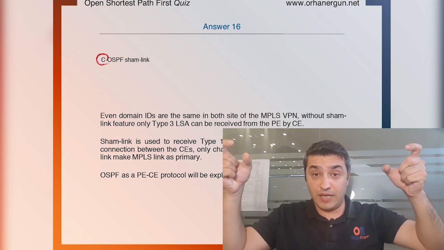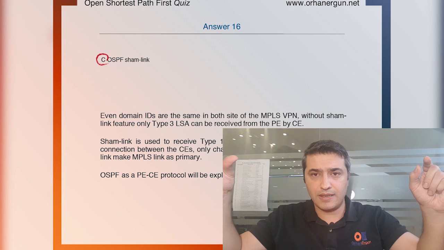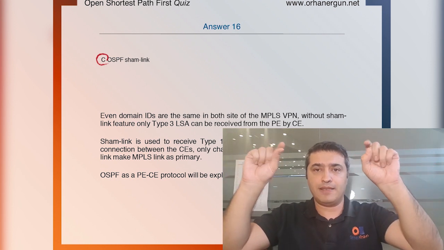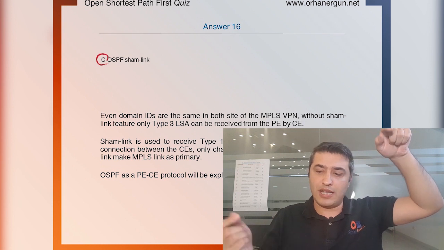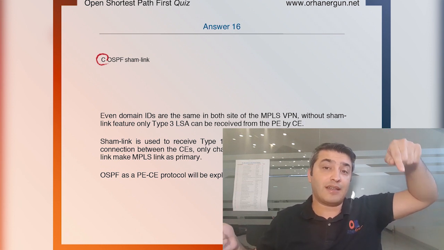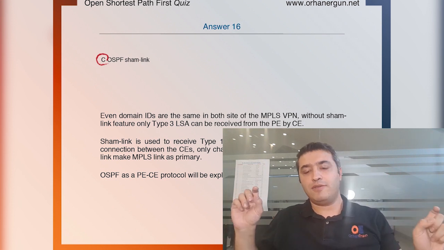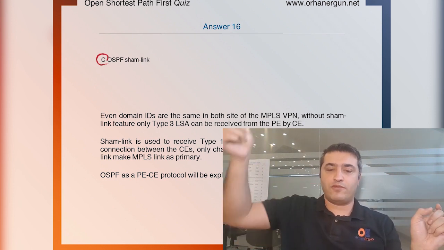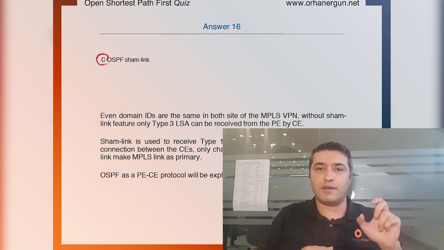In the MPLS VPN network, you run an OSPF sham link between the PE devices, and this sham link gives PE1 the ability to send those CE2 prefixes as Type 1 LSAs to the CE1 side. So now CE1 receives the same prefix from the MPLS VPN network as a Type 1 LSA, and from the backdoor as a Type 1 LSA.